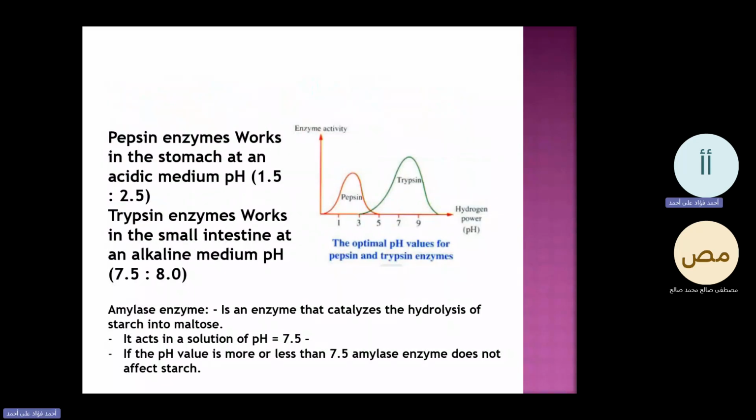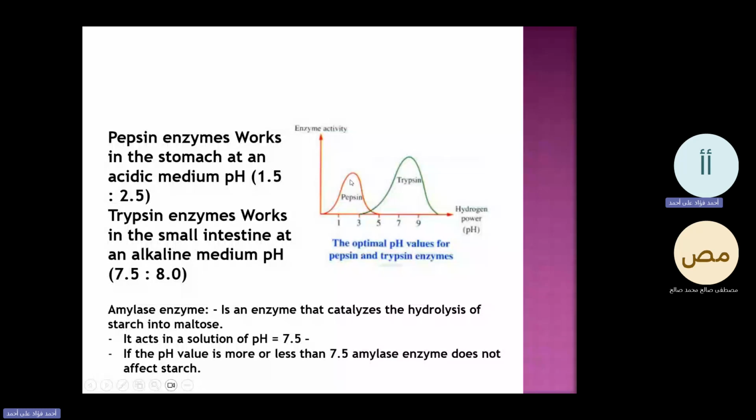تمام؟ لكن التريبسين برضه which also works on digestion of protein, it works in a pH 7.5 to 8 يعني تبقى weak alkaline أو alkaline شوية. يبقى عندنا هنا two enzymes هم. These two enzymes work on the same substrate which work on protein.